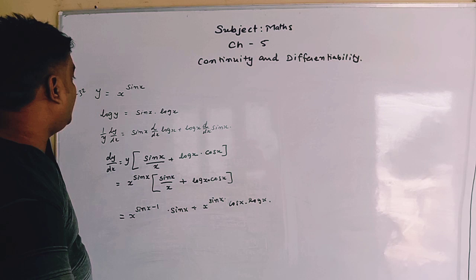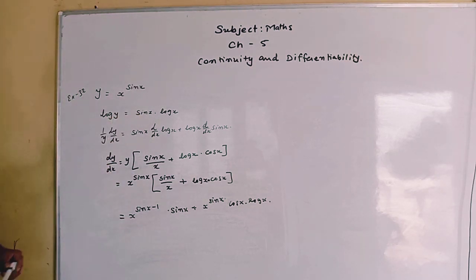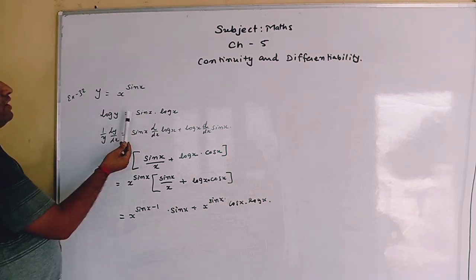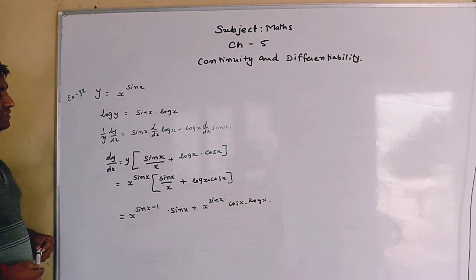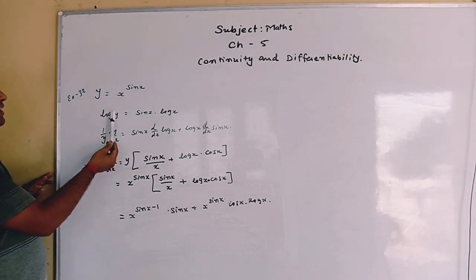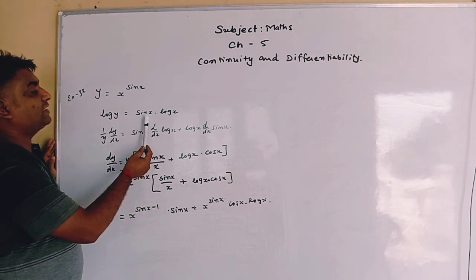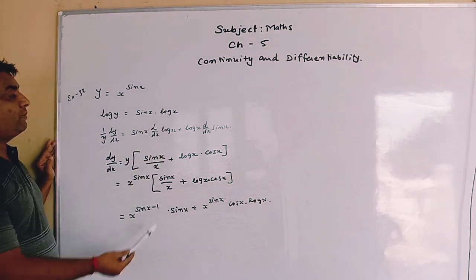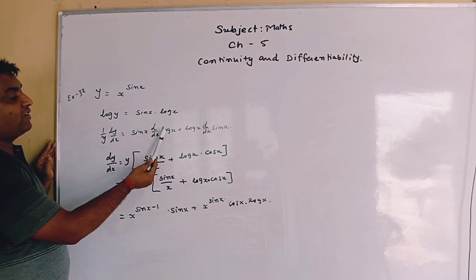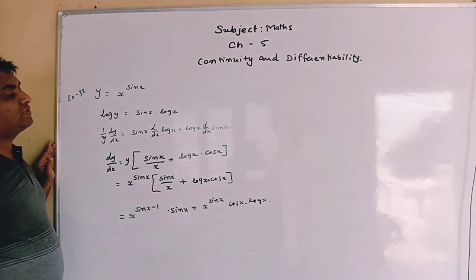Example 32: we have y equals x raised to sin x. So we apply the log, then log y equals sin x log x. Now we take the differentiation with respect to x. Then log y differentiation is 1 by y dy by dx, and the right side is sin x into log x. So we apply the product rule: sin x into differentiation of log x plus log x into differentiation of sin x.